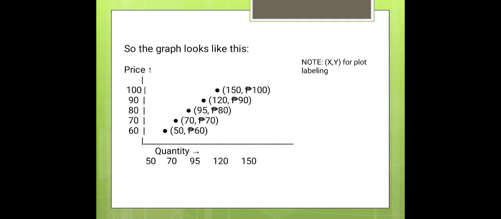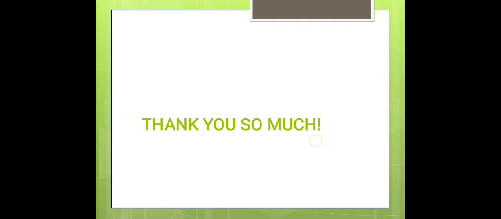So dito sa bottom, isusulat niyo yung 60 going higher, papunta sa top, which is the highest. Okay? So in order yan siya. The same with the quantity supply, 50, 70, 95, 120, 150. So again, note natin dito, yung arrangement ng plotting point should be X and Y for plotting level. So you follow the format, okay?